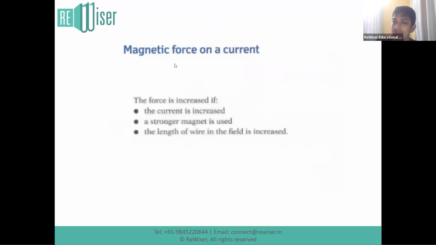So a current carrying wire, which is placed in an external magnetic field, can and will experience a force. Why does force come into the picture here if it didn't come in the previous picture? In the previous picture, there was only one source of magnetic field, which was a current carrying wire. Here, there is a current carrying wire and there is an external magnetic field.